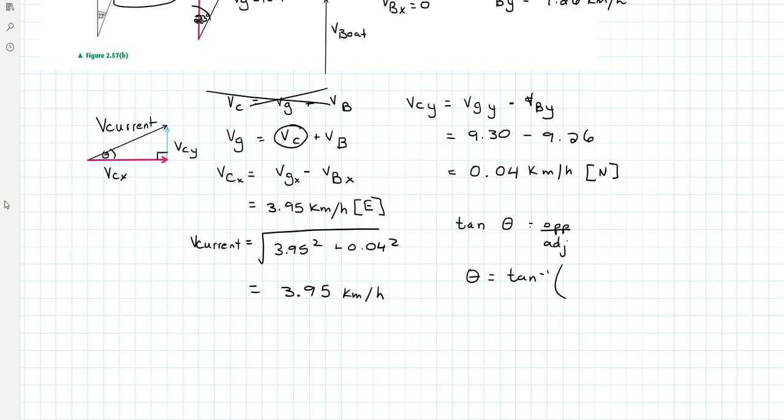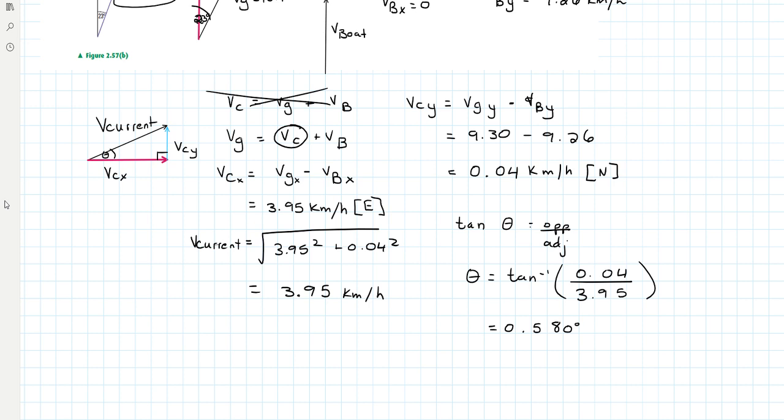It is your VCY over VCX. So that is second tan or shift tan, whatever your button happens to be, which gives us 0.580 degrees.